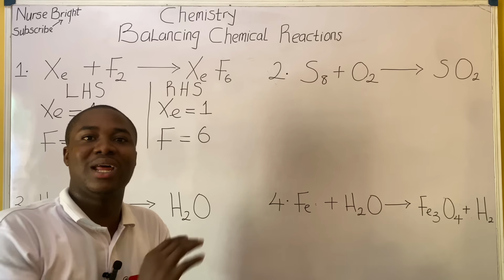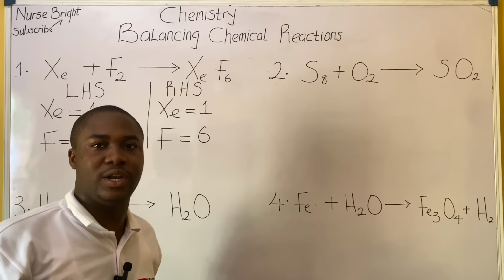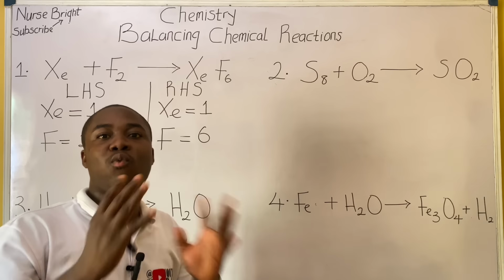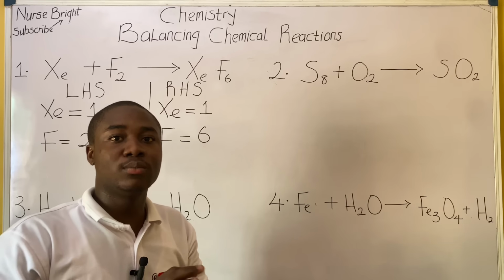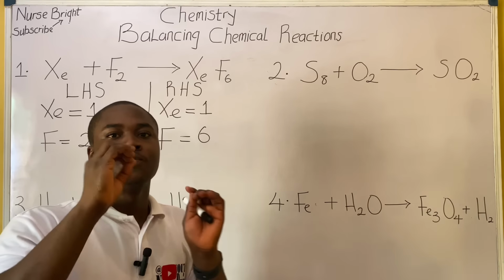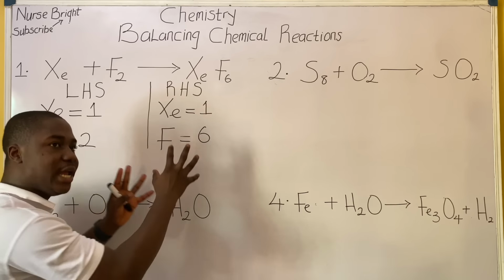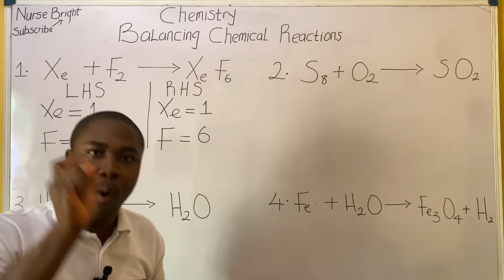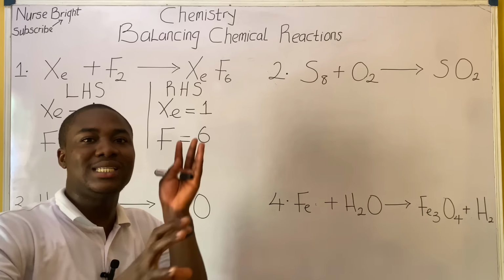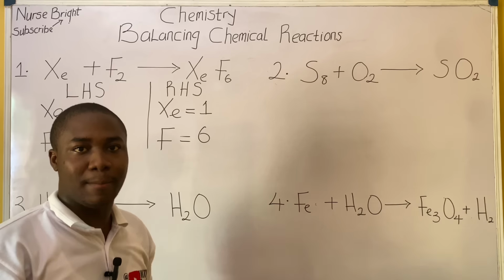And how do we do that? It is very simple. This is where you have to listen carefully. Now moving further, what do we do next? It is simple. Let me tell you something you should note always. Whenever you are balancing a reaction and you've gotten to this stage, the next thing you do is start thinking of numbers you are to add to these elements to make sure that both sides are balanced.